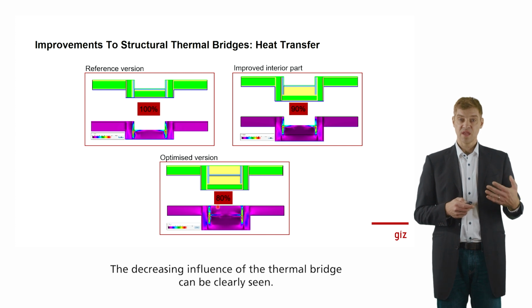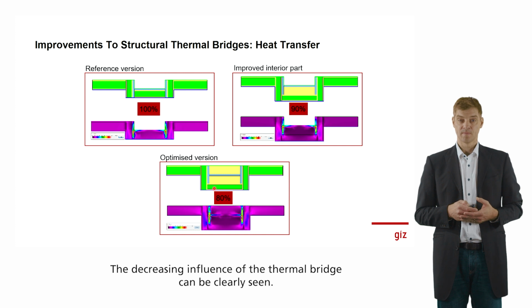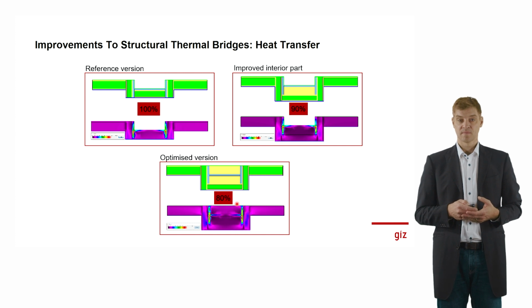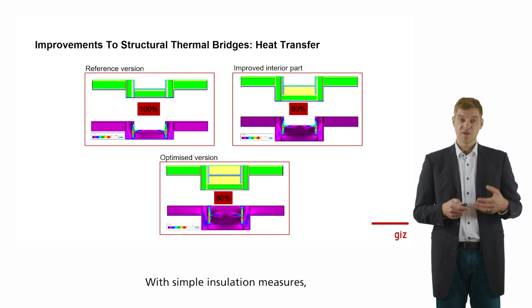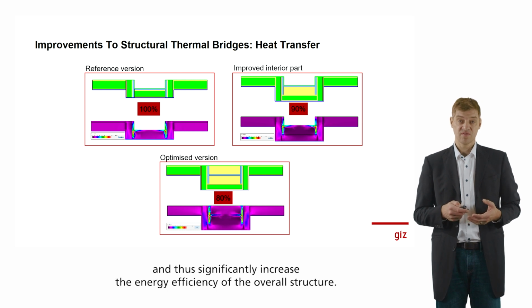The decreasing influence of the thermal bridge can be clearly seen. The heat flux drops to 80%. With simple insulation methods, it is therefore possible to reduce the unwanted heat flow by 20% and thus significantly increase the energy efficiency of the overall structure.